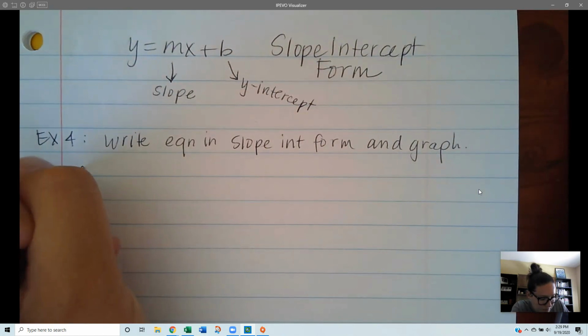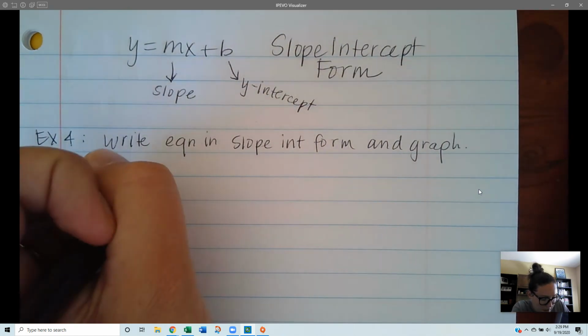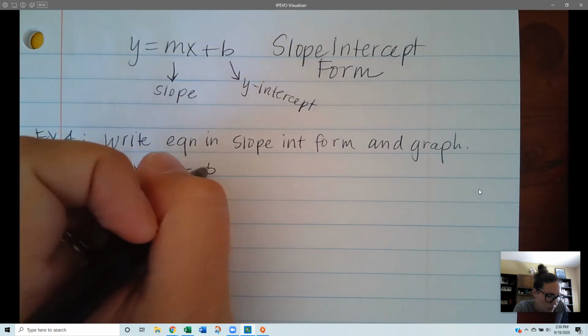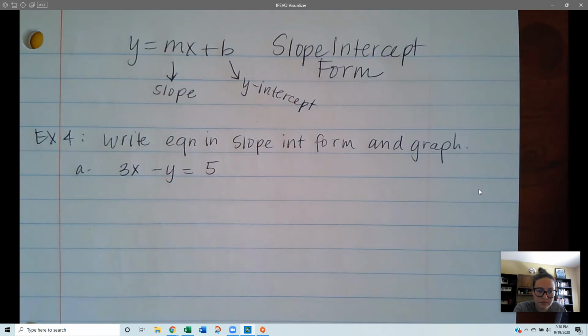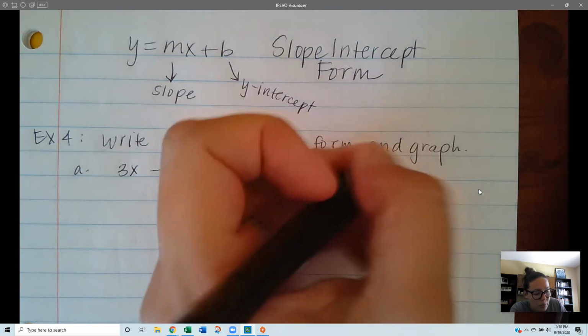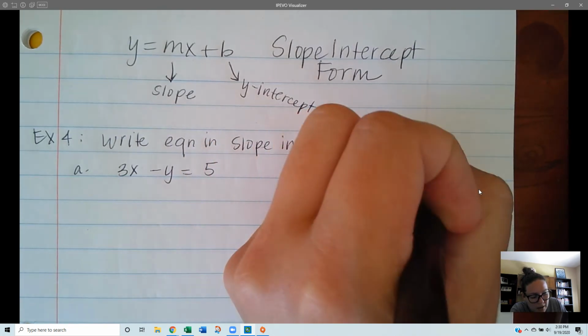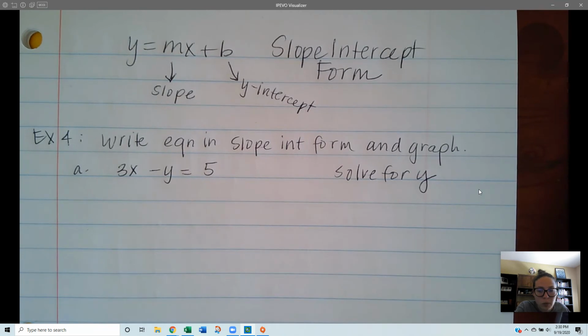To get it in slope-intercept form, we need to solve for y. What does that mean to solve for y? It means to get y by itself. Look at slope-intercept form. The only thing on the left-hand side is y. So I want y all by itself. So I'm going to subtract 3x from both sides.